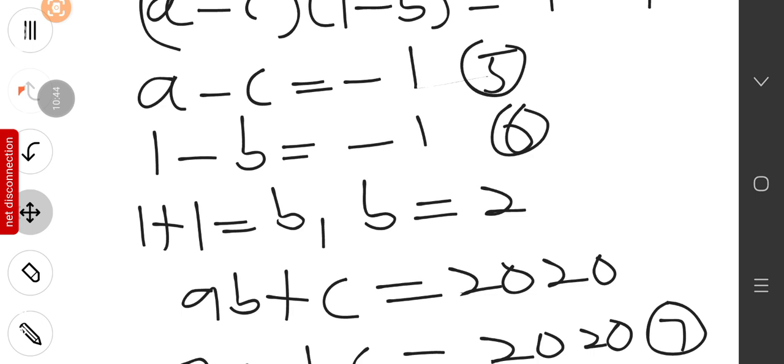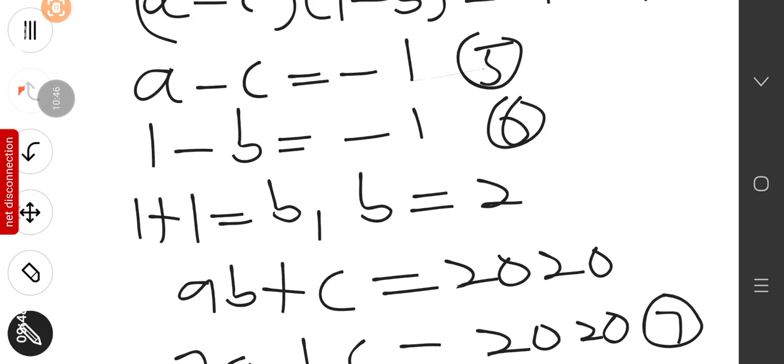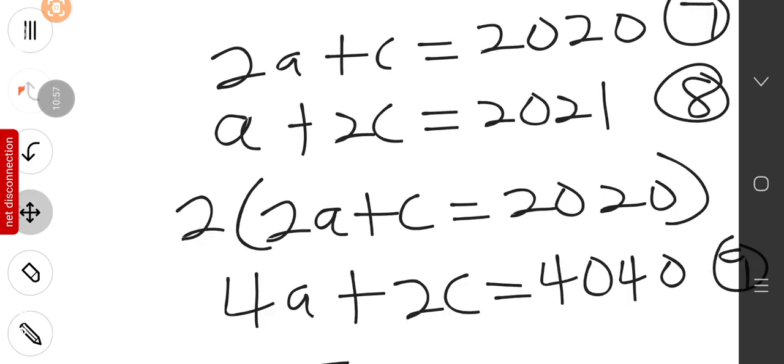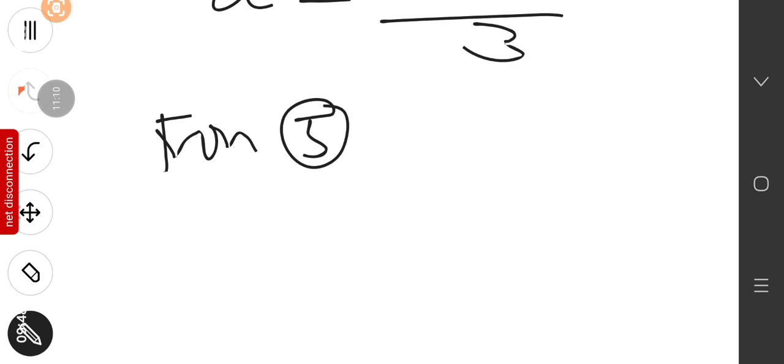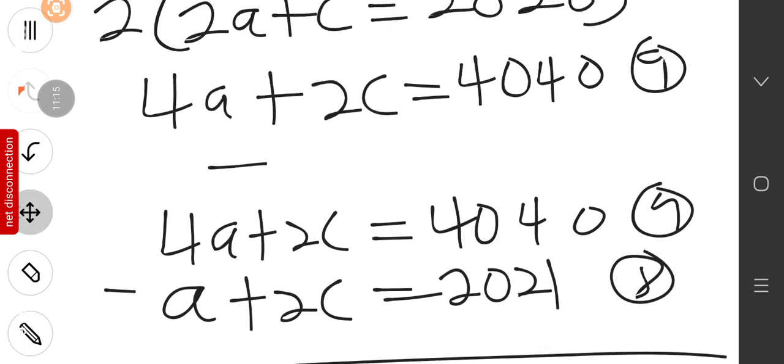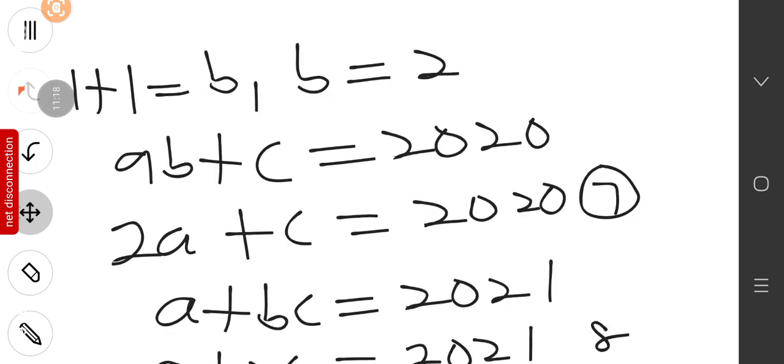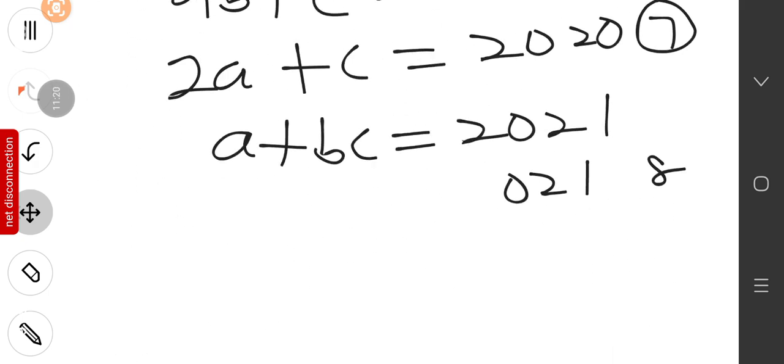You can see from equation 5, we have A minus C equals minus 1. And let's check again for clarity's sake. A minus C equals minus 1. That's correct.